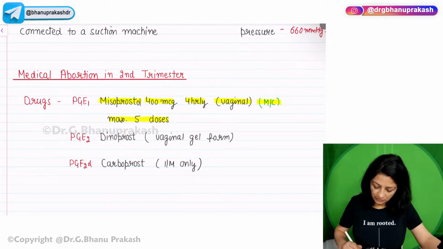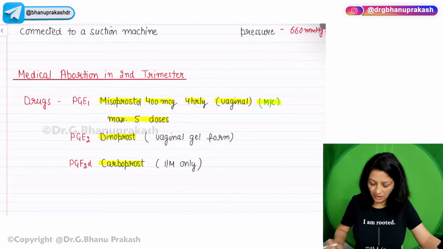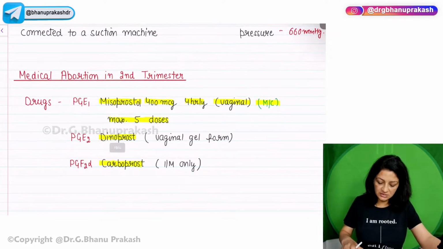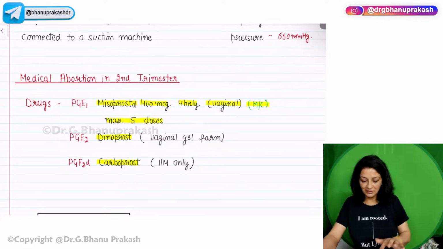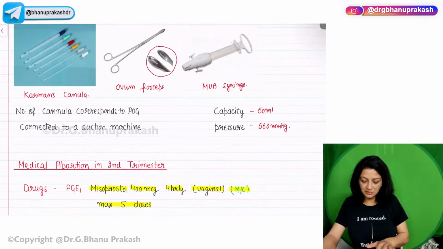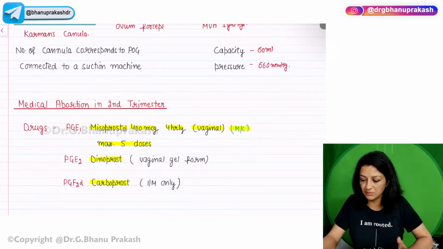Prostaglandin E2, dinoprost, or you can give prostaglandin F2 alpha, carboprost. So these are the drugs for medical abortion in second trimester. So please remember the dose first trimester में and second trimester में.